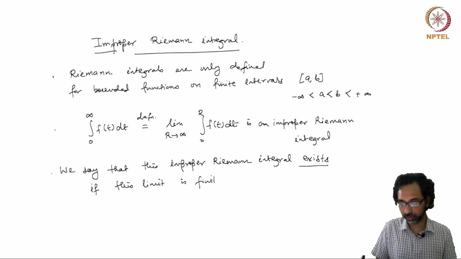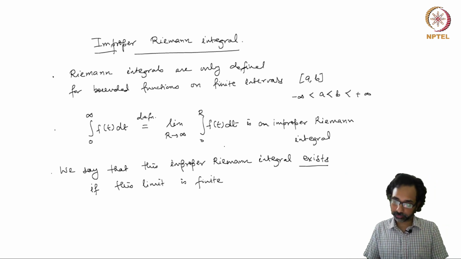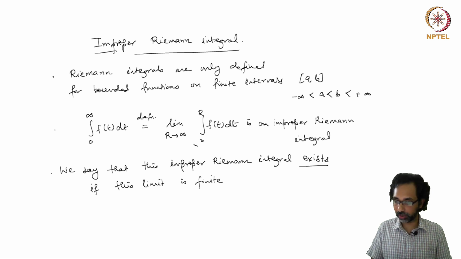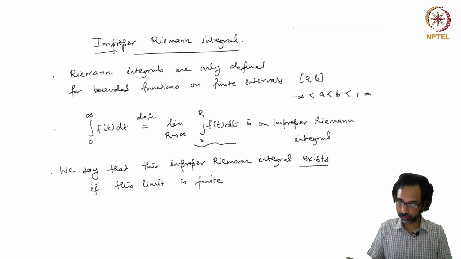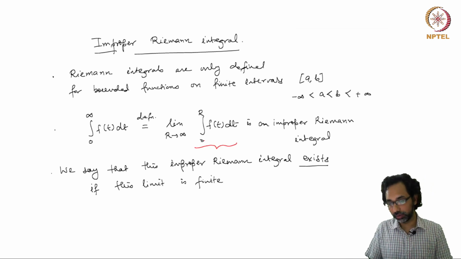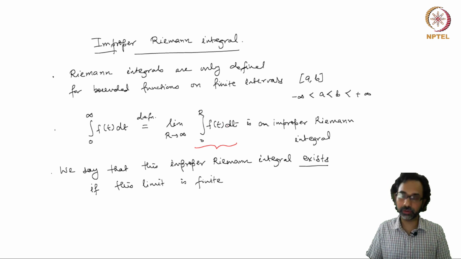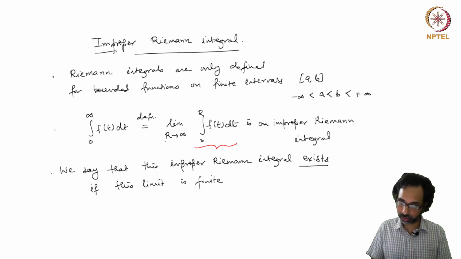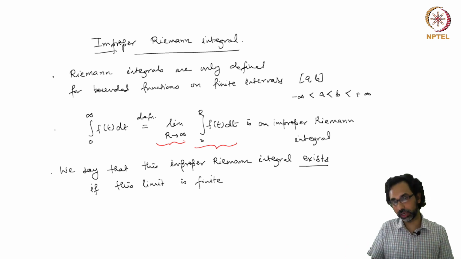Is finite, meaning once you have evaluated this integral from 0 to r, you get a function of r, and then you take the limit as r goes to infinity, and after you pass to the limit, you should get a finite value.